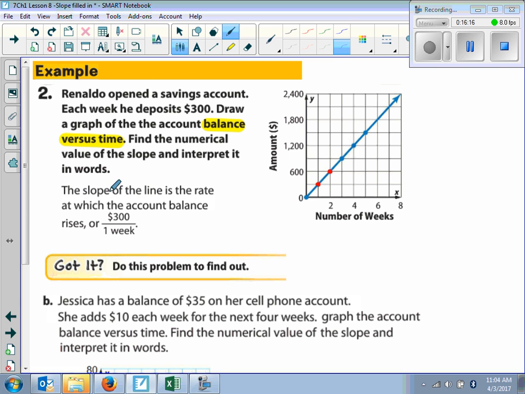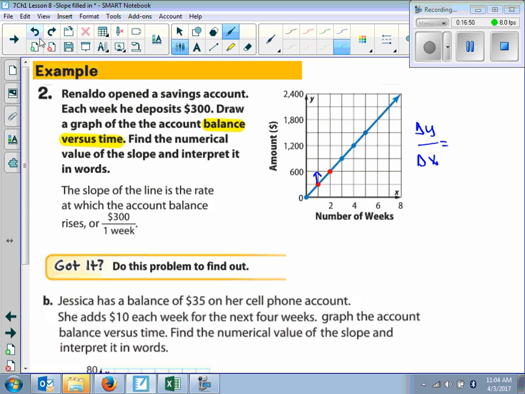So here in slope, the slope of the line is the rate at which the account balance rises. So if we're looking at the delta y over the delta x, how much is it changing?